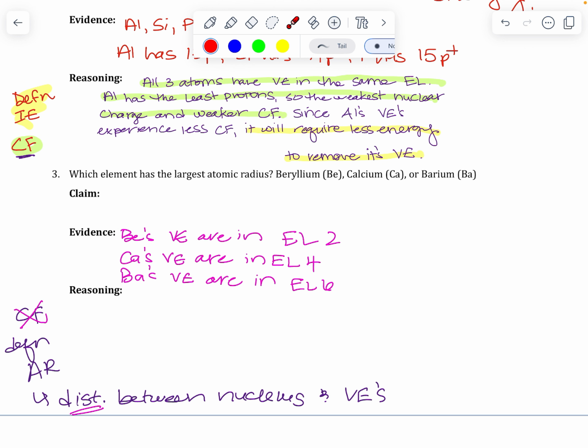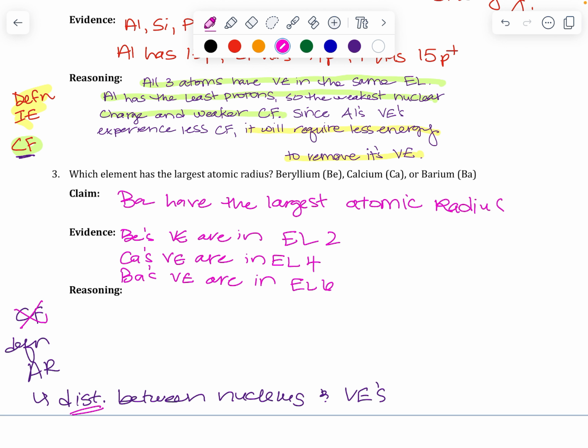So which element's going to have the largest atomic radius? Which element is going to have its valence electrons farthest from the nucleus? Well, these valence electrons are in the highest energy level. So barium is going to have the largest atomic radius of these three elements, okay?